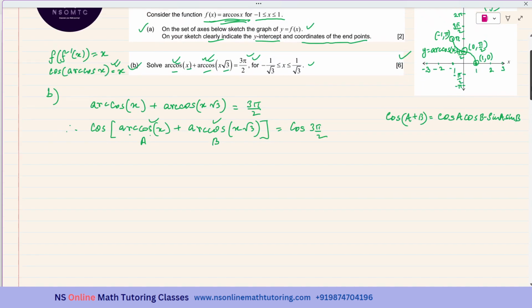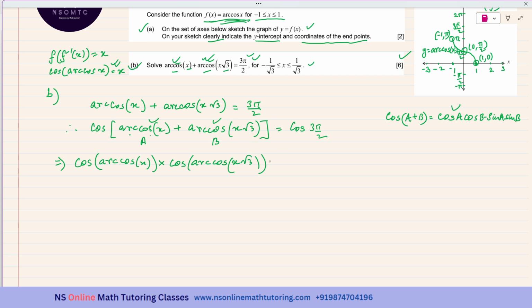Therefore, this will be equal to cos of arccos of x times cos of arccos of x root 3. We have completed the first term.